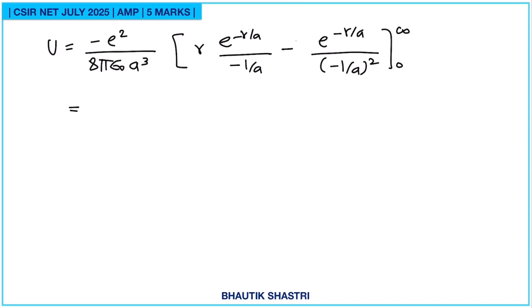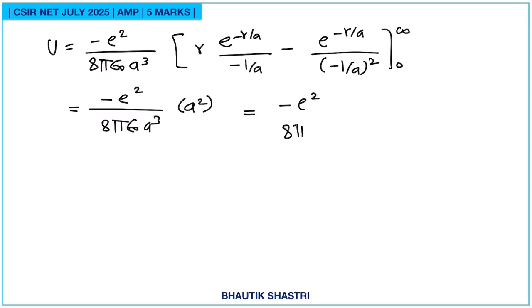If you put infinity, this will be 0, first term will be 0, second term will give us a square. So minus e square upon 8 pi epsilon naught a cube into a square. So this is equal to minus e square upon 8 pi epsilon naught a, which is option 4.